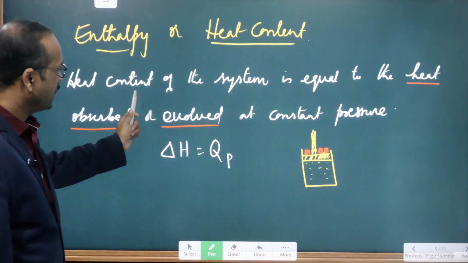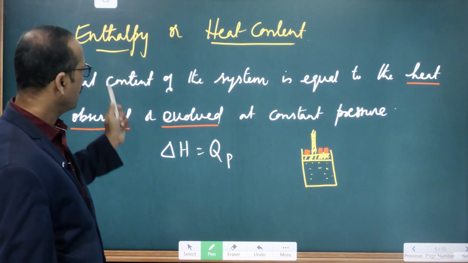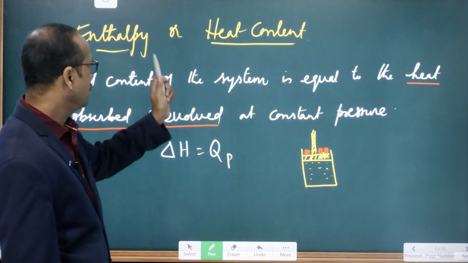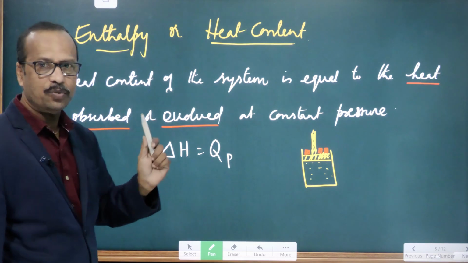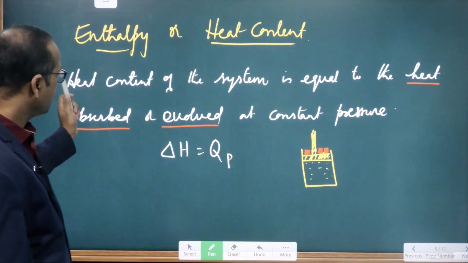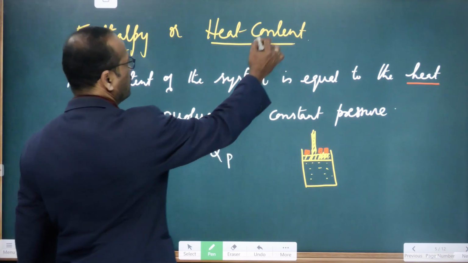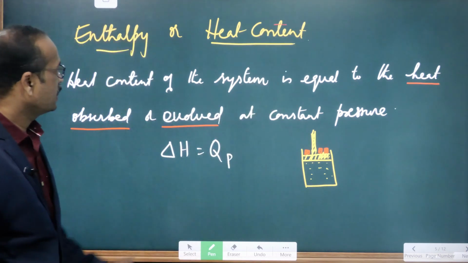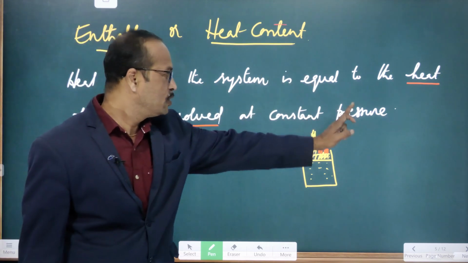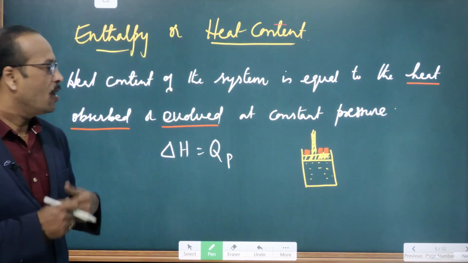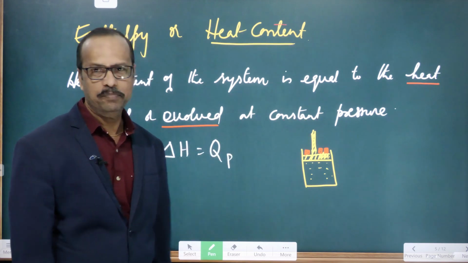So heat content, that's enthalpy. Instead of enthalpy, we can also say heat content. If I ask you the definition of enthalpy, you can say that enthalpy is nothing but a heat content, and the heat content of the system is equal to the heat absorbed or evolved at a constant pressure.